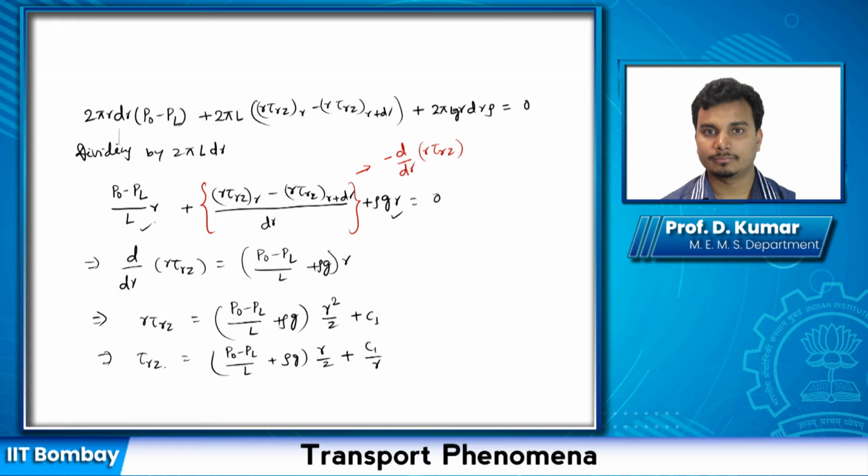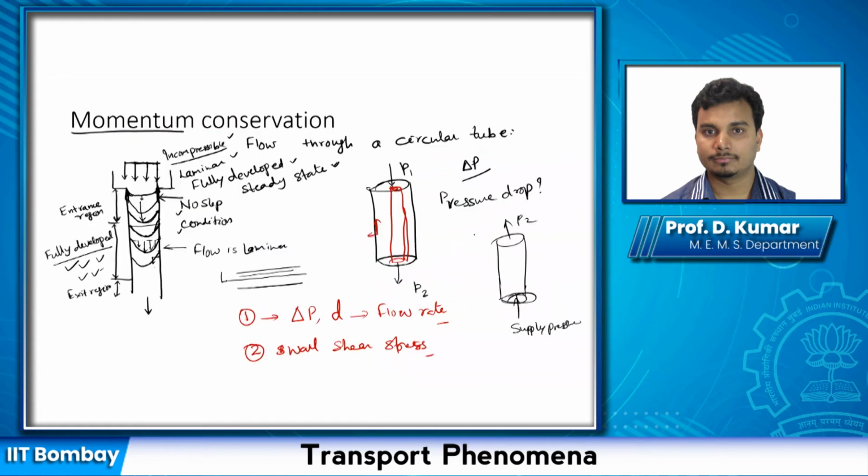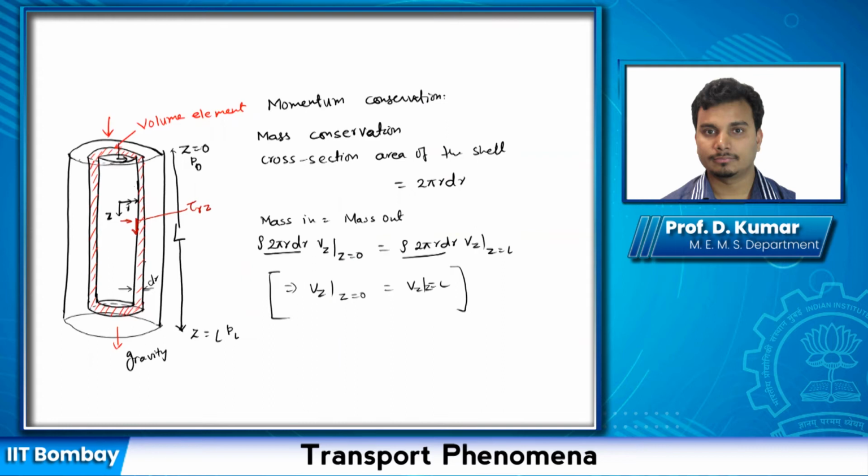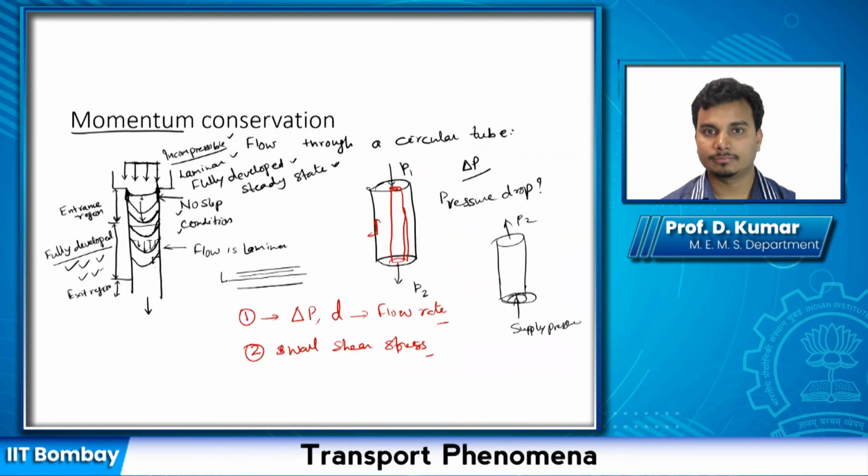So if you go back here, what we have seen is, because of symmetry, from our flow description, we saw that the flow has to be maximum at the center, and because of symmetry, the slope of velocity has to be 0 here.